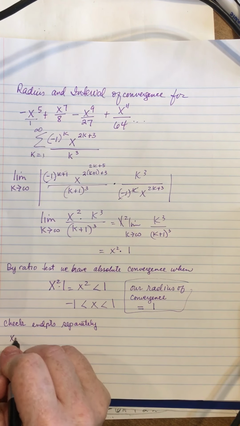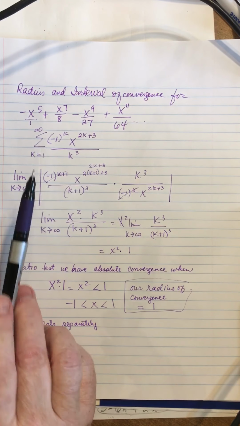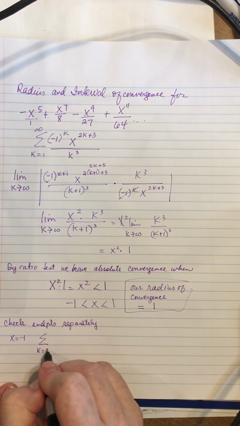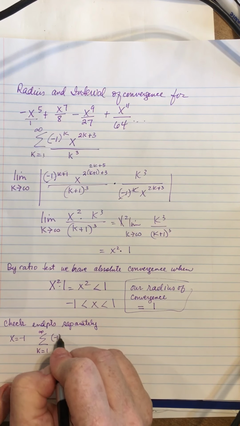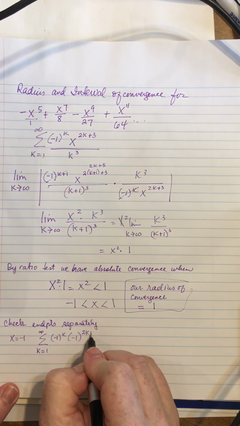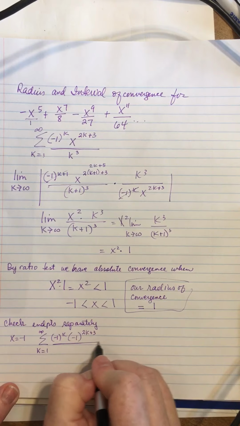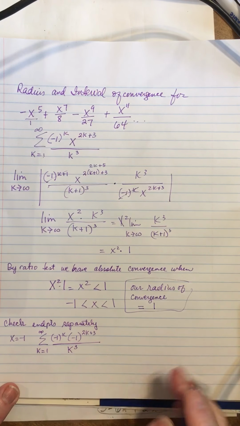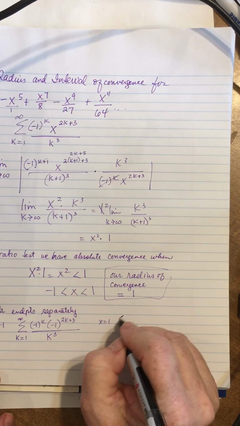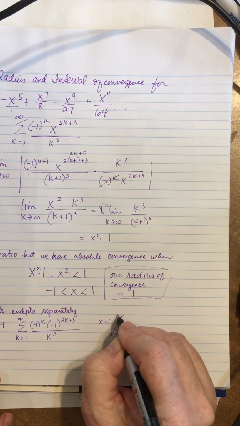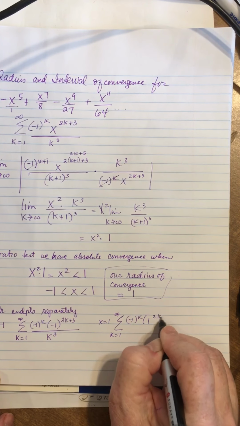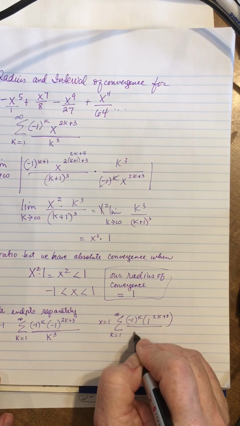So I'm going to check x equals -1 just by plugging it into our series. If we replace x with -1, we're going to have the sum from k equals 1 to infinity of -1 to the k times -1 to the 2k plus 3 over k cubed. And if I check x equals +1, I have the series from k equals 1 to infinity of -1 to the k times 1 to the 2k plus 3 over k cubed.